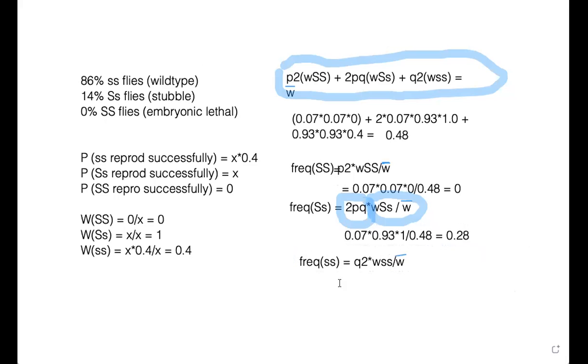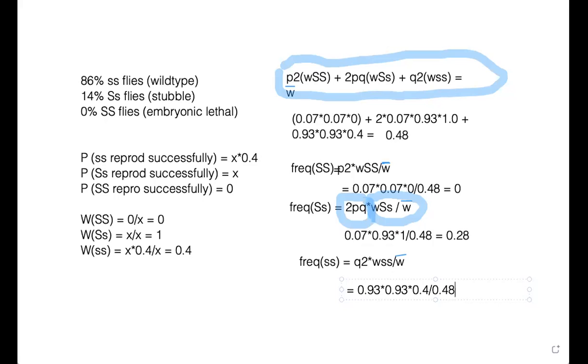There's our W bar. That's going to be equal to 0.93 times 0.93 times 0.4 divided by 0.48. Now, 0.4 divided by 0.48 is 5/6. That's going to be about 0.83.